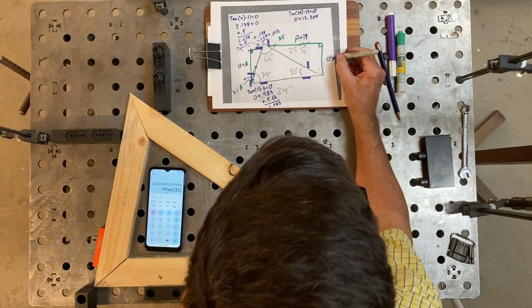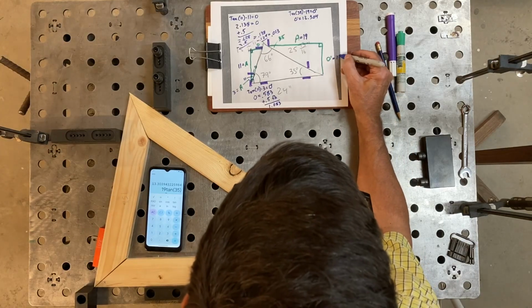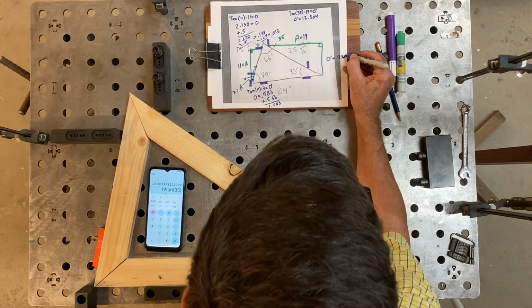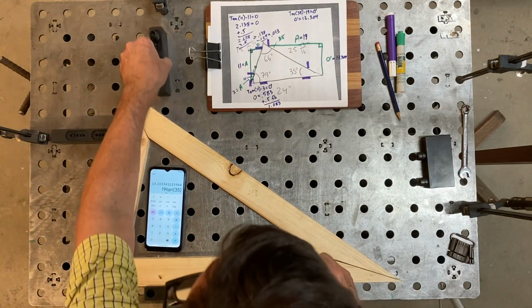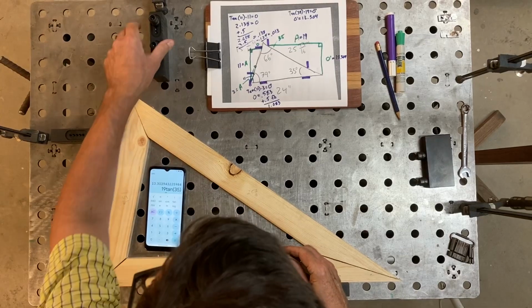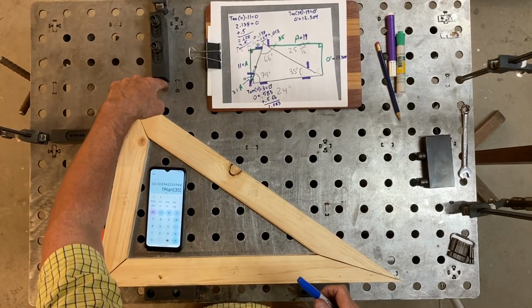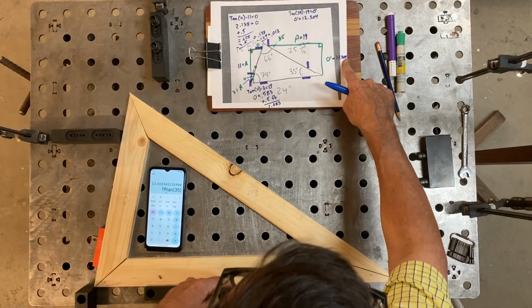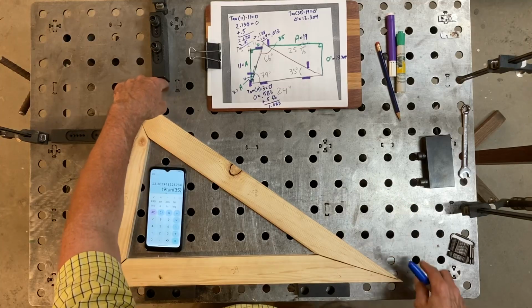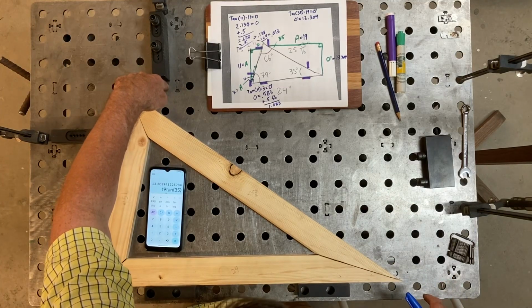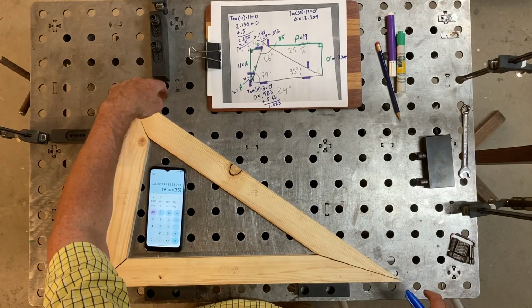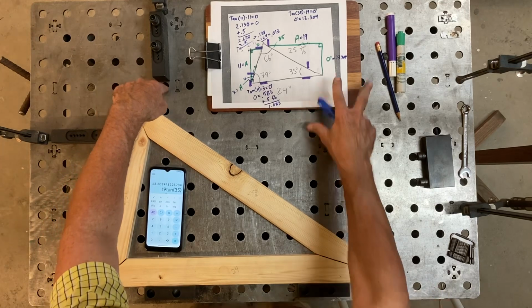So O is equal to 13.304. So how do we find that location? Well, 13.304 subtracted from whatever this number is would give us the right point. So let's see where this is.